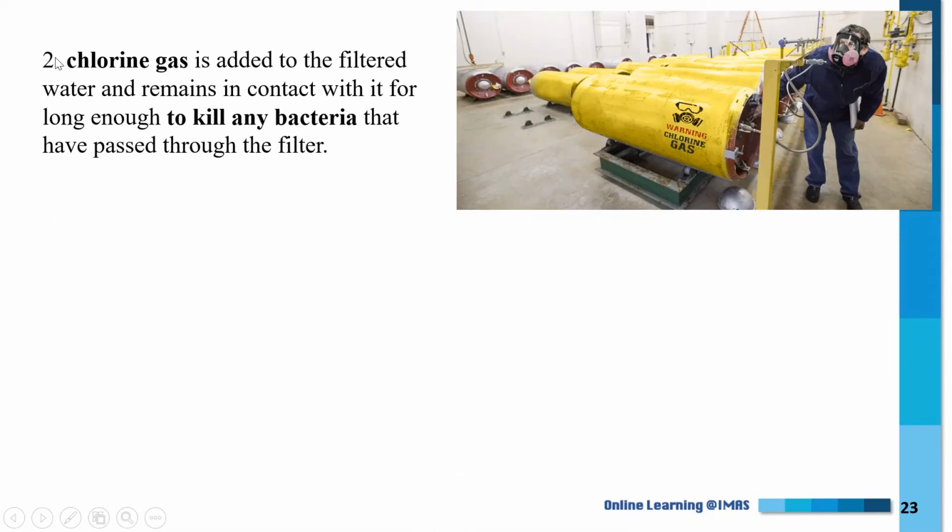And number two, they have to add chlorine gas. This is actually a water plant where they treat water. You can see a big tank of chlorine gas. The chlorine gas is added to the filtered water to kill any bacteria which remain after filtering.